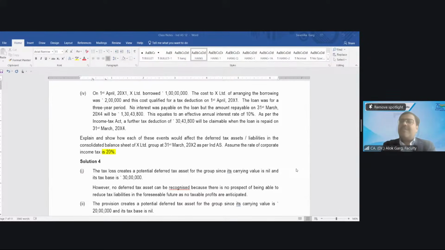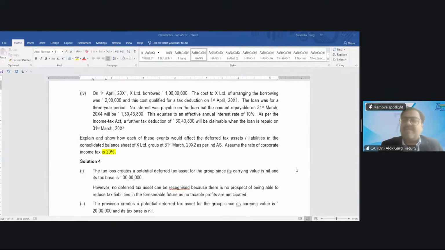In accounting books, Ind AS 109 says that your incidental cost needs to be netted off from the loan amount, from the financial liability, and you need to compute the interest cost on the basis of the effective interest rate method, EIR method. Income Tax says that we don't know EIR.